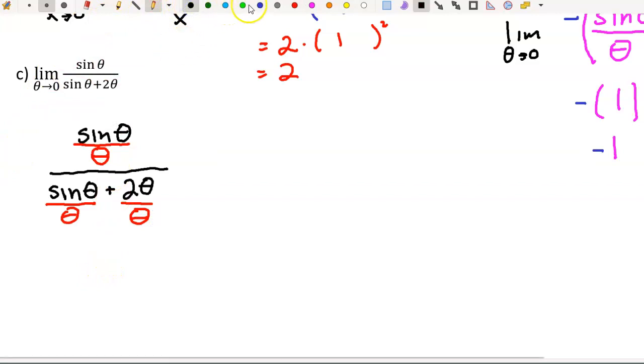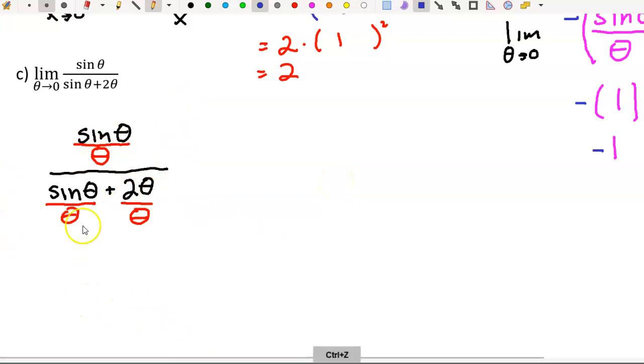Technically what I'm doing is multiplying everything by 1 over theta. So dividing by theta is the same as multiplying by 1 over theta. However you want to think about it, the important part is that you do it to all the terms, right? In effect, it makes everything look like it's over theta, over theta, over theta.